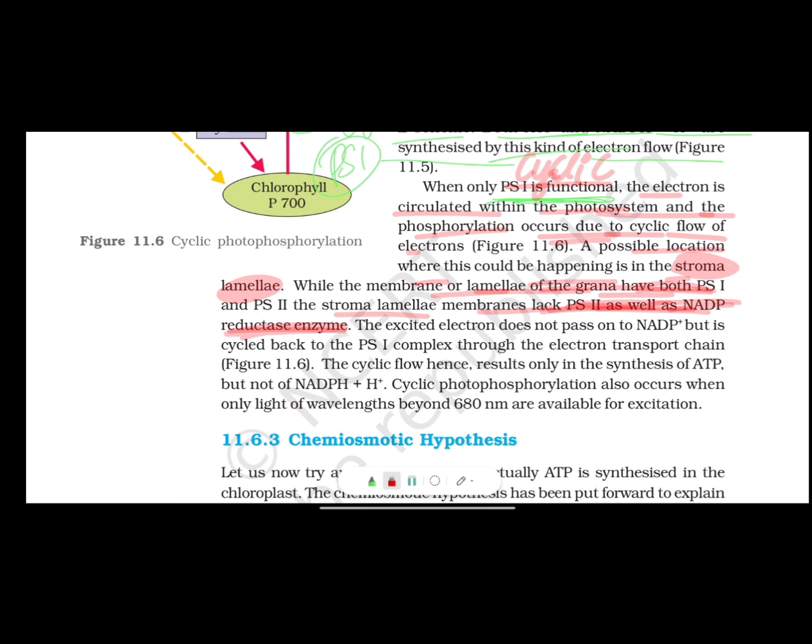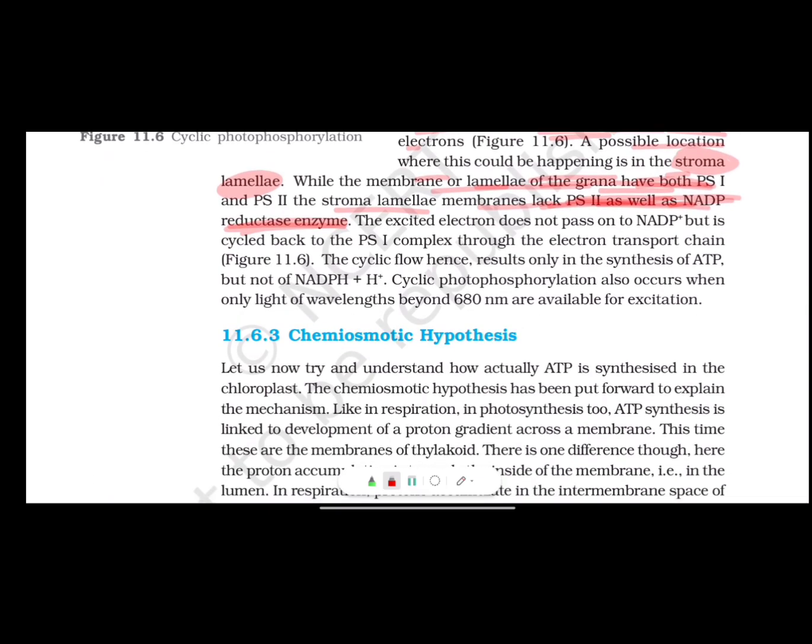Okay, I think you can understand. The membrane of the lamellae of the grana has both PS1 and PS2. The stromal lamellae membrane lacks PS2 as well as NADP reductase. Why? Because the work of PS2 and PS1 are not correlated here, because PS2 is absent.